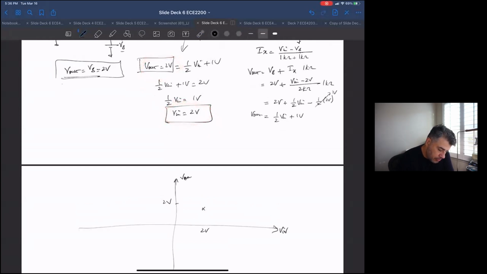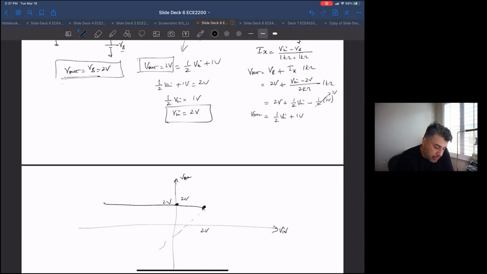Anything less than this, V out is just 2 volts. It's a straight line through 2 volts, not some weird slope. It's not a function of V in at all.